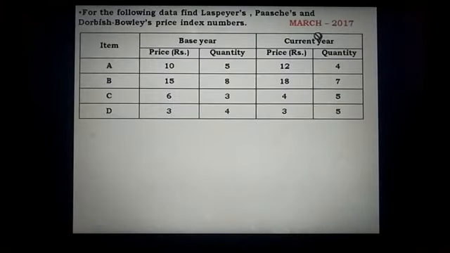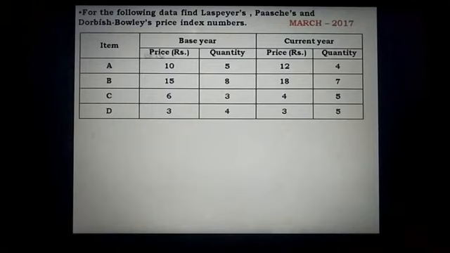But we need to see now, according to the scheme of valuation, how the solutions should be. Then next, in March 2017, for the following data, find out Laspeyres', Paasche's and Dorbish-Bowley's price index numbers. That's all that has been asked to calculate. No need to solve for any TRT or FRT, I mean time reversal test or factor reversal test.